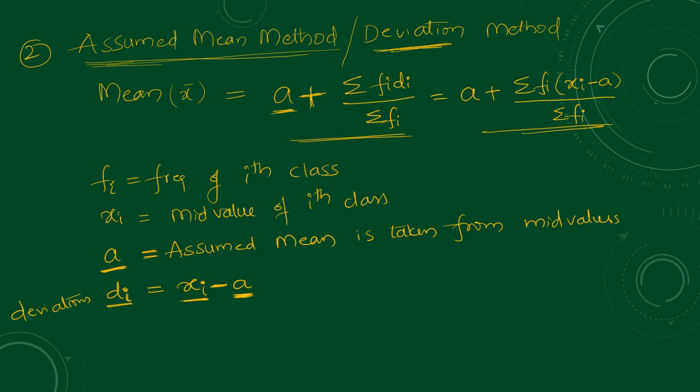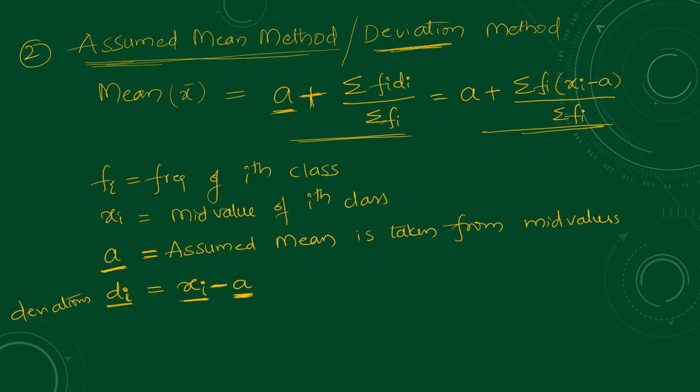The same way here also, the new methods make the problem easier to solve. When my values are moderate, then we can use this assumed mean method. Next, when the values get larger and larger, then we go for the third method, which we call step deviation method or shortcut method.